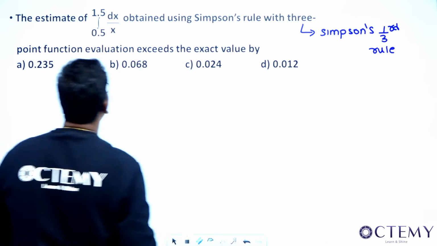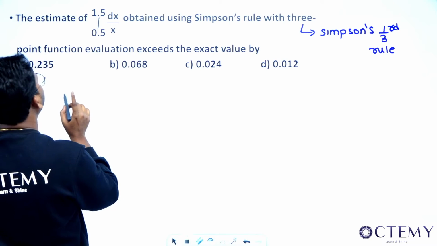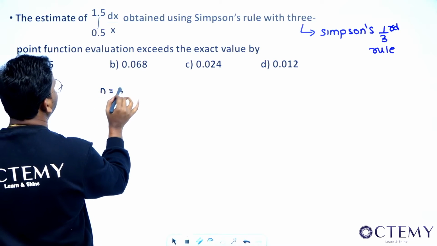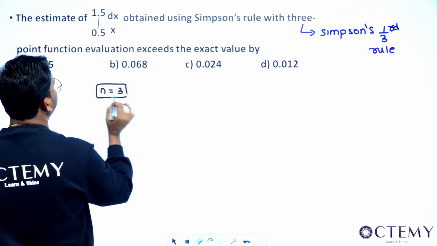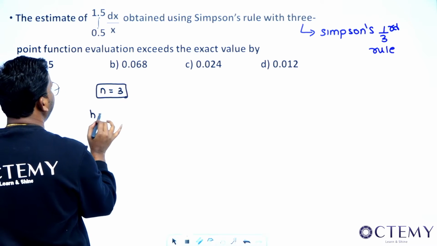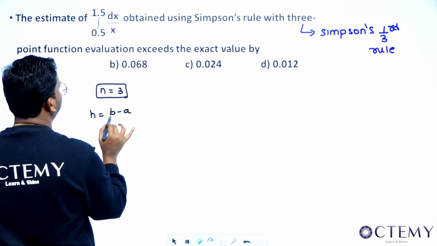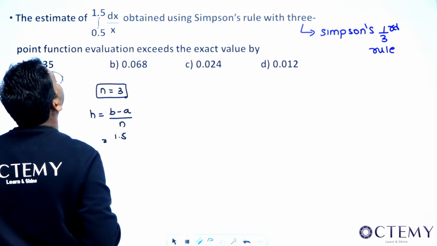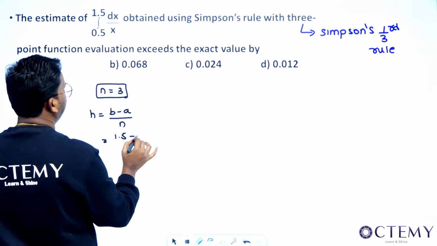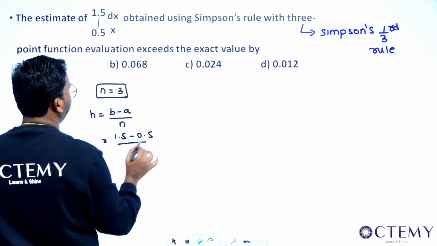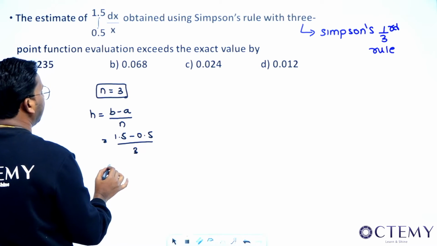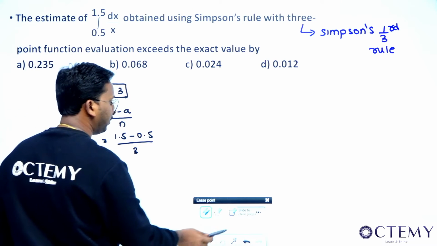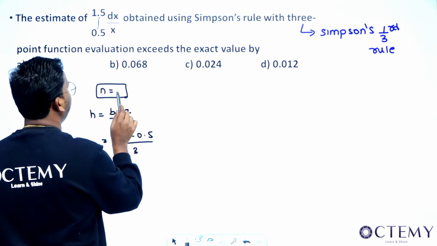Next, if you apply that, see what should be h. Your n is given as 3, so h should be (b minus a) divided by n, that is 1.5 minus 0.5, divided by 3. But it should be 3 points, so n should be only 2. My mistake, n should be 2.